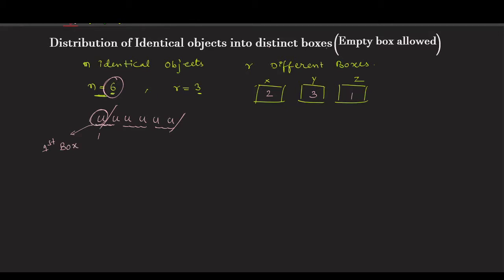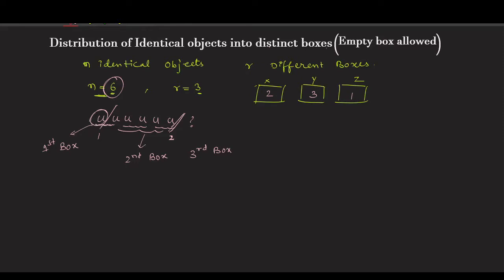And how many are you seeing between these 2 separation symbols? Right, 5. So this will go to the second box. And then the remaining, after the second separation symbol, how many are there? 0. So that 0 will go to the third box. I hope you understood, right?